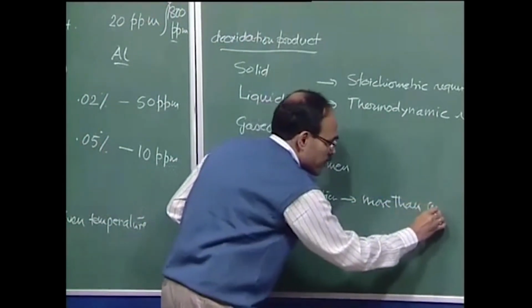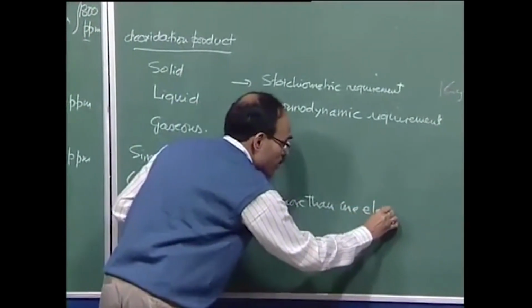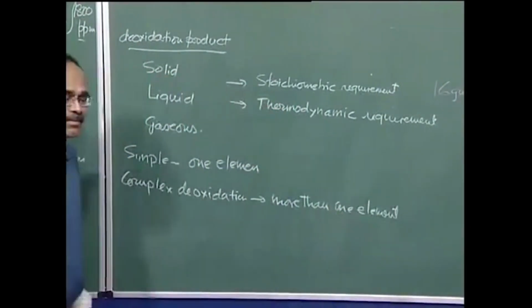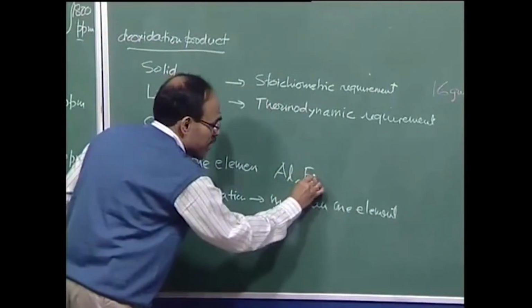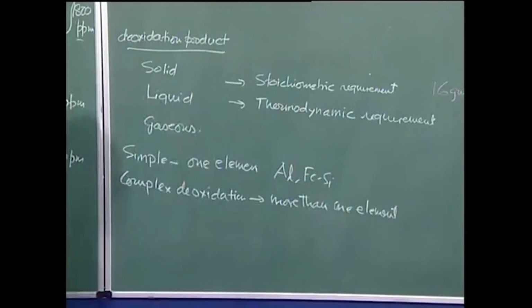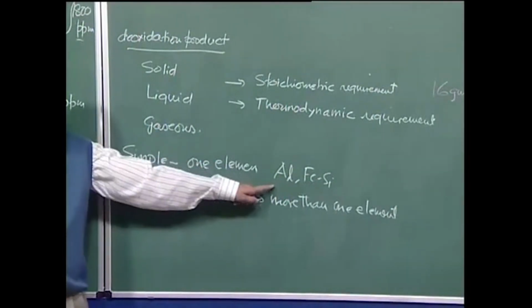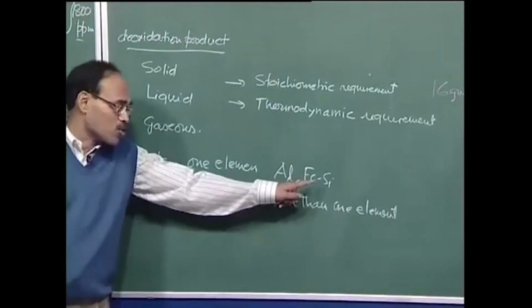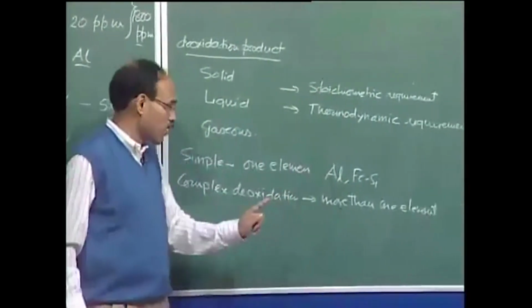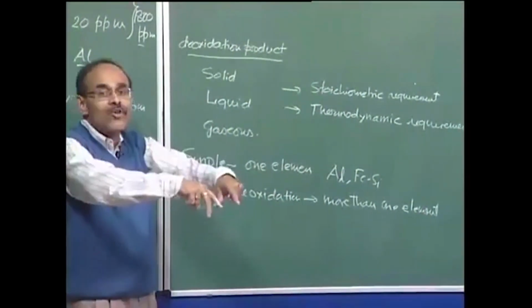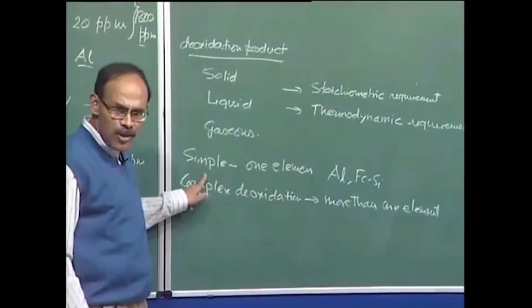So therefore, if I say that I have added aluminum or ferrosilicon, I will say that aluminum is deoxidizing the bath or silicon is deoxidizing the bath. I am not adding them together. I am adding just one of these, for example. So if I add one element to deoxidize the bath, I am going to say it is a simple deoxidation.